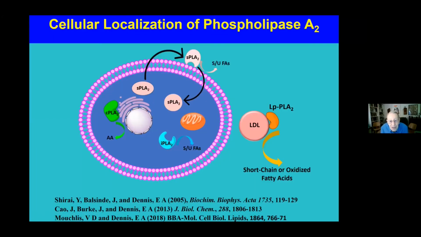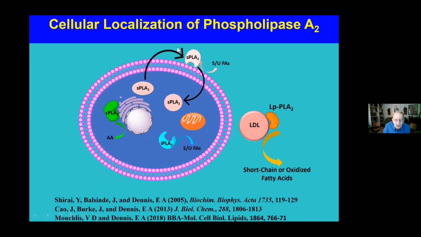Now, there are many phospholipase A2s, and this slide is trying to illustrate some of them. A key one, and the one we're going to focus on today and have already, is called cPLA2. It resides on the Golgi. It's a cytosolic enzyme, and it's specific for releasing arachidonic acid and in instituting inflammatory reactions.